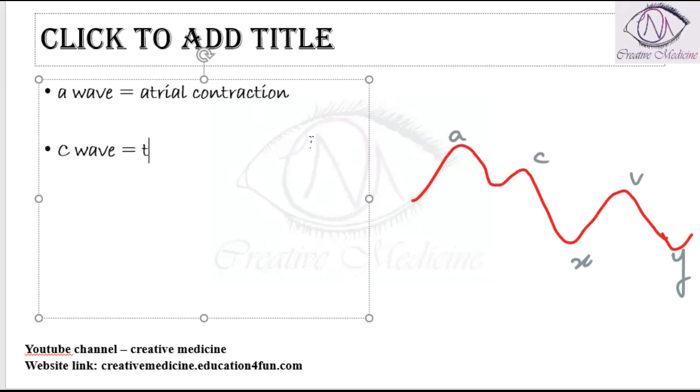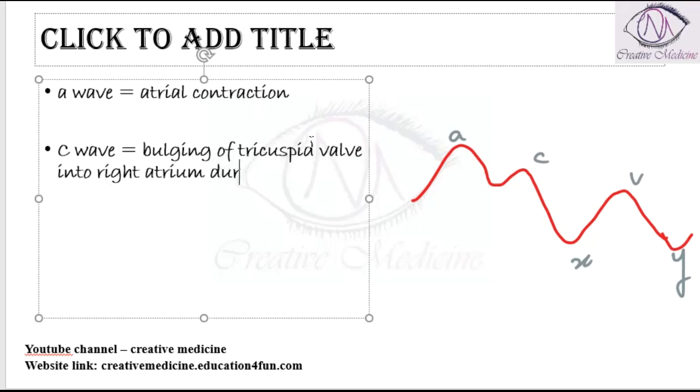This C wave signifies the bulging of the tricuspid valve into the right atrium. This bulging of the tricuspid valve into the right atrium is seen mainly during the ventricular isovolumetric systole. Why?